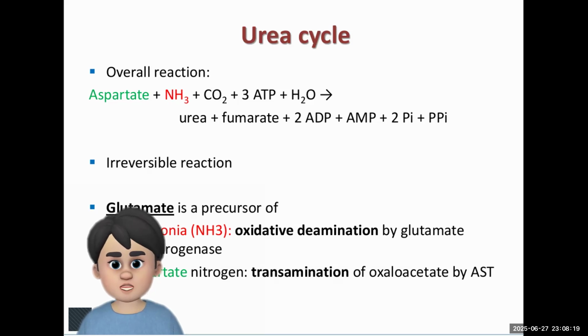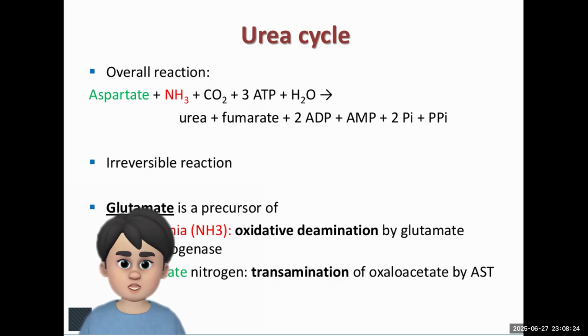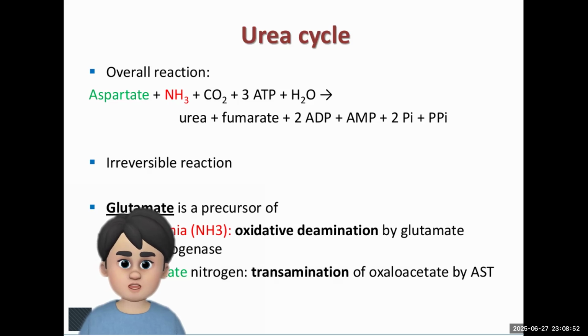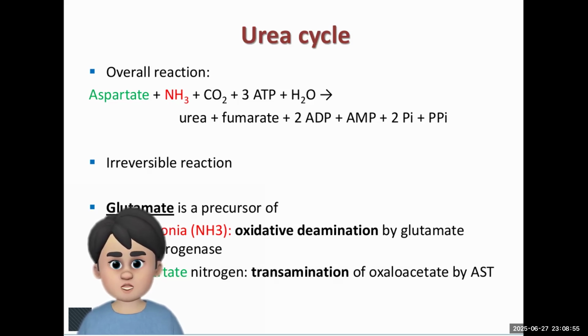Glutamate is a precursor of the ammonia, right? So oxidative deamination by glutamate dehydrogenase, and aspartate nitrogen, transamination of oxaloacetate by AST. So you have to know the meaning of oxidative deamination. Oxidative deamination is a biochemical process by which an amino group, the NH2 group, is removed from an amino acid, producing a keto acid and ammonia, NH3.